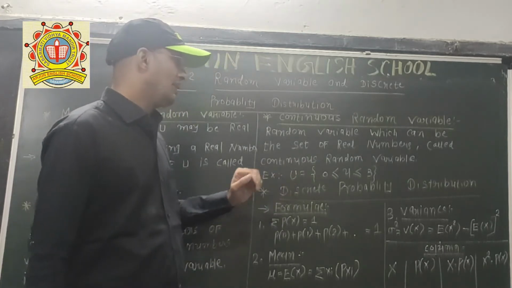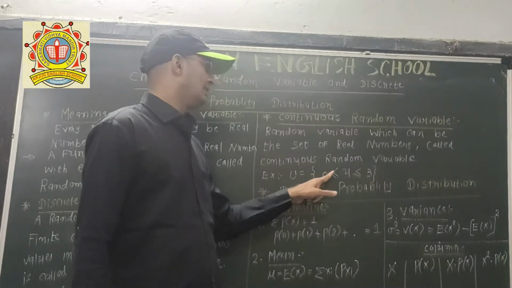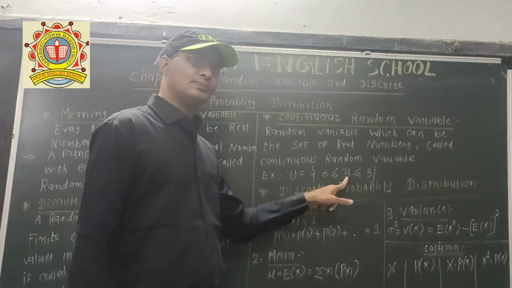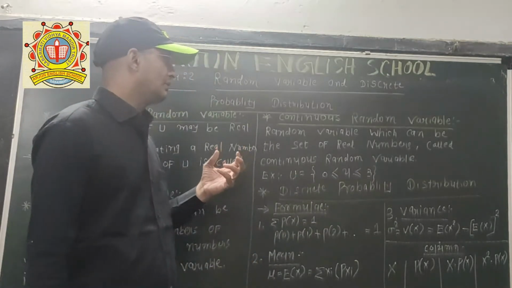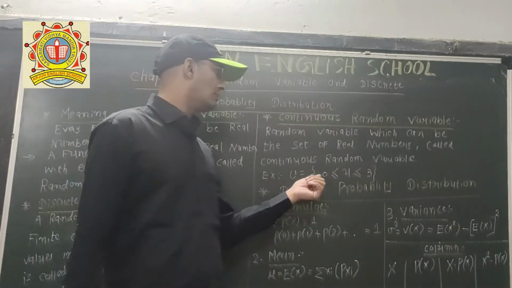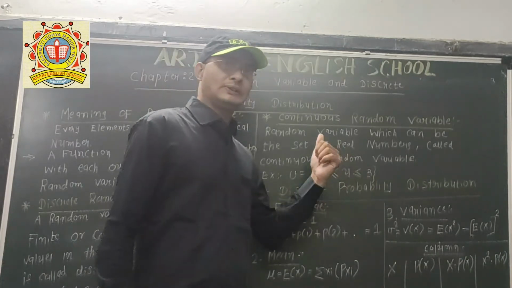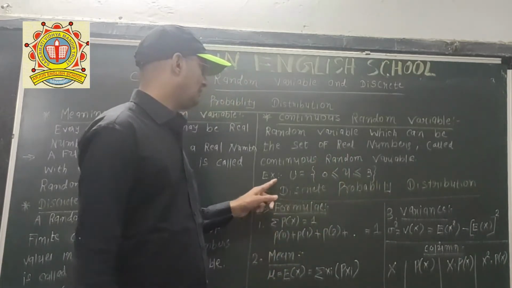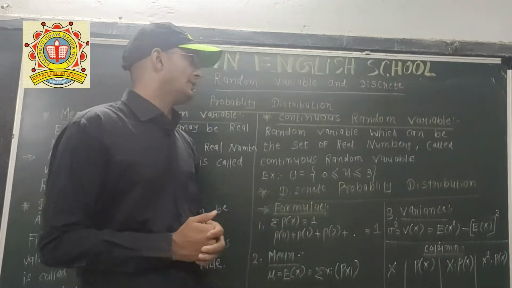Example, u is such that 0 less than or equal to u less than or equal to 3. It means all our possible outcomes are from 0 to 3. So it is called a continuous random variable.